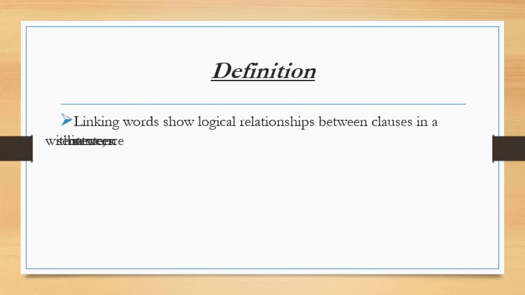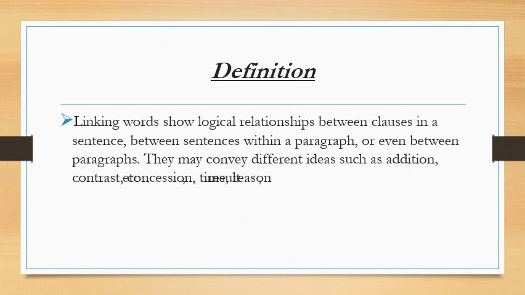So before we move on to see what are the types of linking words that we are going to cover in this video, let's see first a definition. So linking words show logical relationships between clauses in a sentence, between sentences within a paragraph, or even between paragraphs.